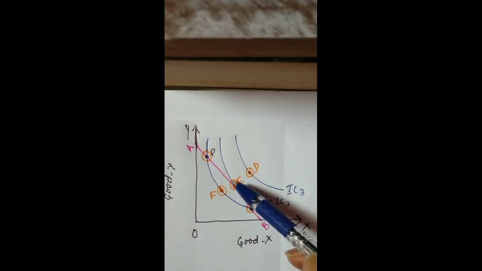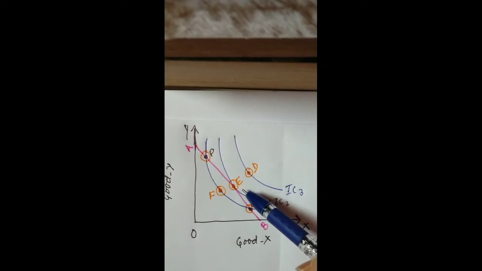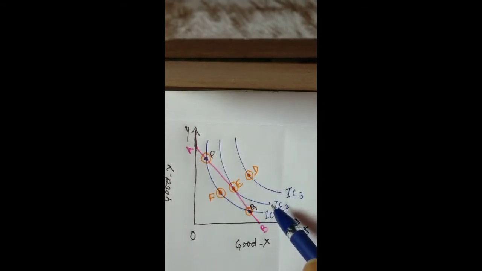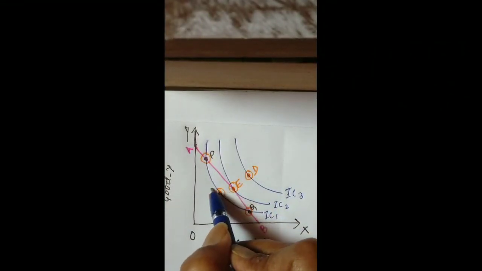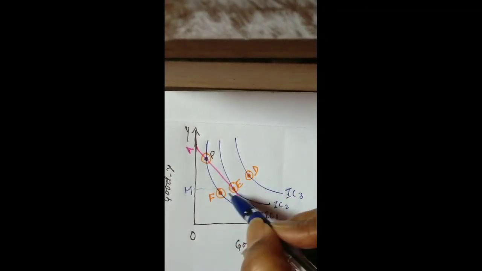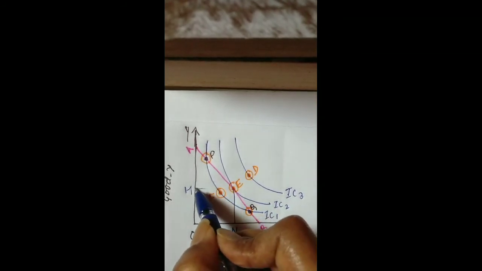So this tangency point E is the highest level of satisfaction or the highest indifference curve that the consumer can buy subject to his limited income. So at point E, the consumer is purchasing OM amount of good Y and ON amount of good X.